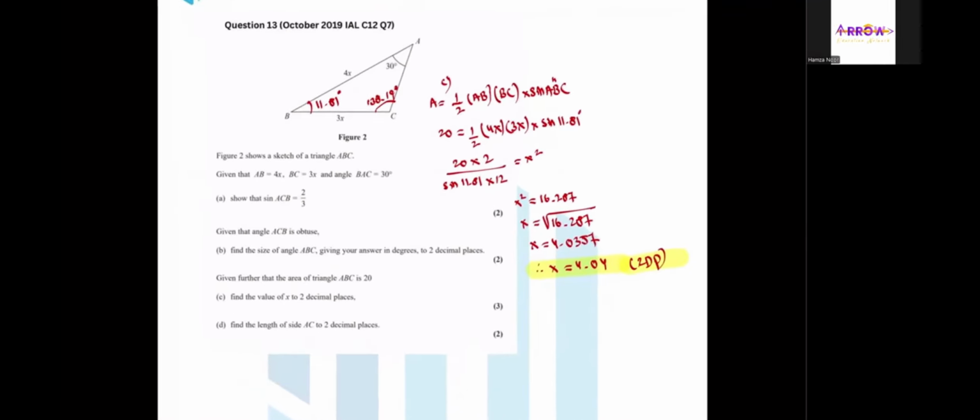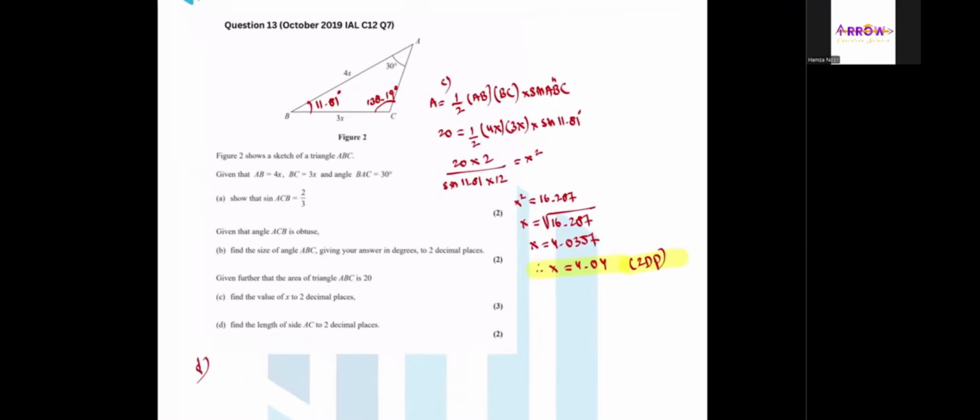If I use the cosine rule, I'll have the formula AC square is equal to AB square plus BC square minus 2 times AB times BC multiplied by cos 11.81, in which I'm going to use the value of x, which is 4.0357, to a higher degree of accuracy. Alternatively, I can use the sine rule as well: sine 30 divided by 3x is equal to sine 11.81 divided by AC. So whatever feels comfortable, you can do it that way.